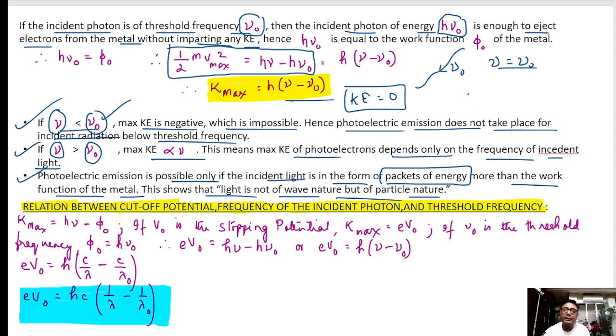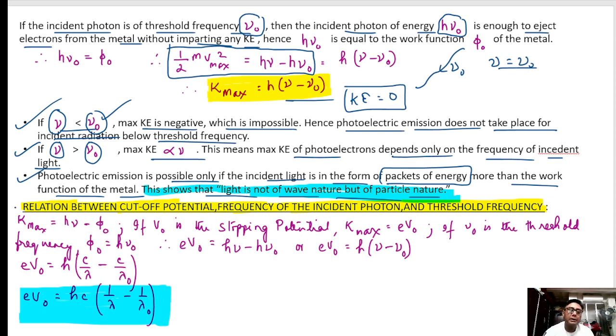And if they have kinetic energy, that means they have mass and they are particles. That means the photoelectric emission proves it is not wave nature but particle nature, because electrons are coming out with some kinetic energy. Clear?